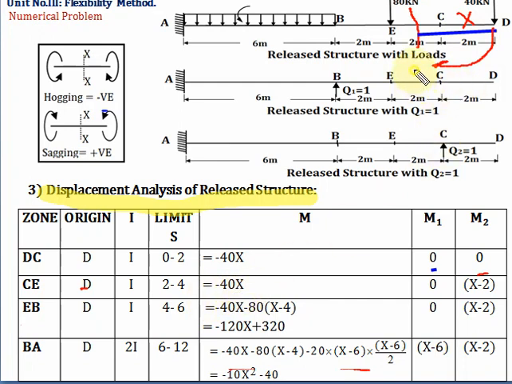Now we'll take the section in zone C and measure it from the D point. So this is x. In this portion, as there is no load, the value of bending moment will be equal to 0.